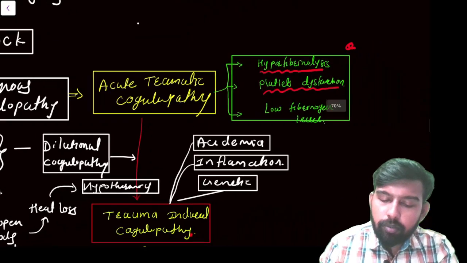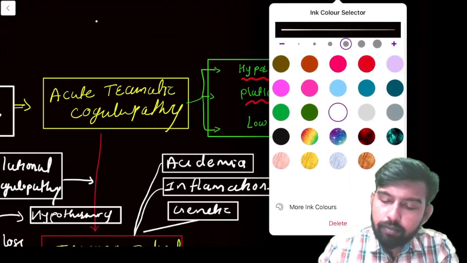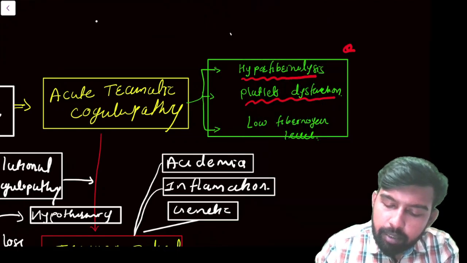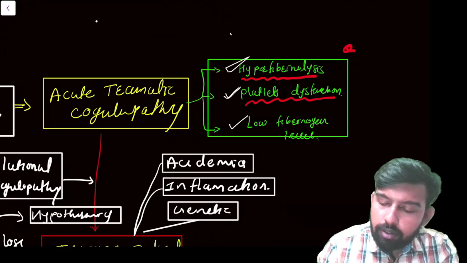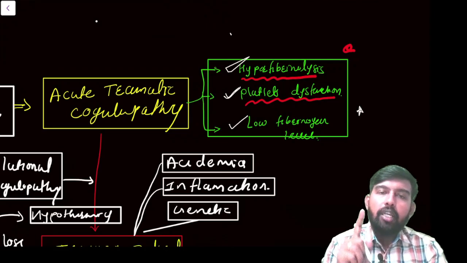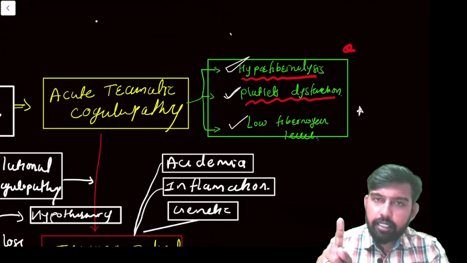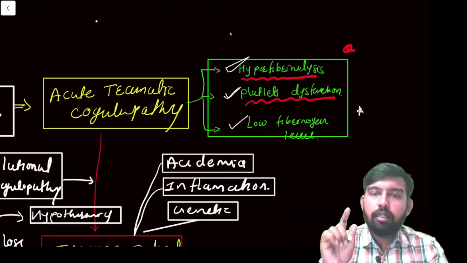The acute traumatic coagulopathy is characterized by three features. These are hyperfibrinolysis, platelet dysfunction, and low fibrinogen level. So remember the components of the acute traumatic coagulopathy: hyperfibrinolysis, platelet dysfunction, and low fibrinogen level.